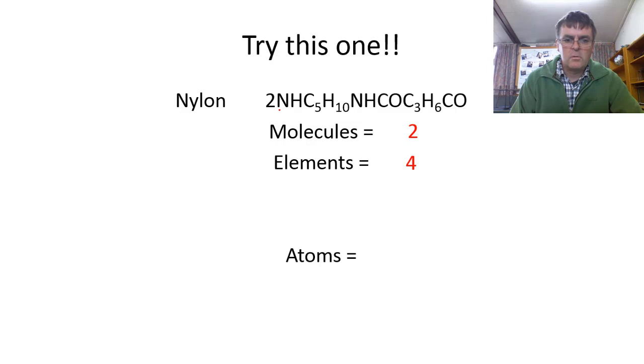So we've got a nitrogen, hydrogen, 5, 10, nitrogen, hydrogen, one of them, one of them, one of them. No, sorry, it's 3 of them. 3 of those. One of them, one of them. Let's add all that up. What have we got? So if we do some maths here. I give up. Let's try what it tells us.